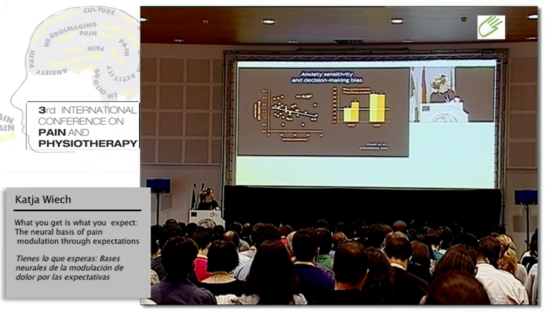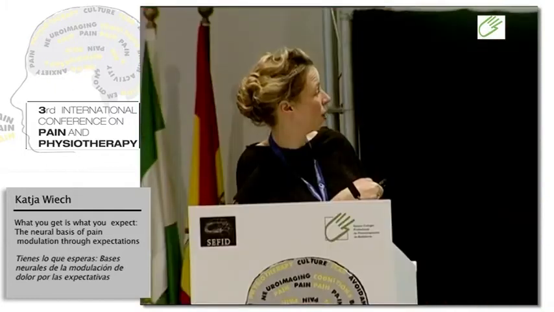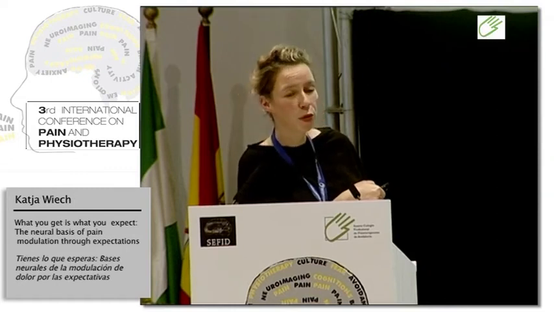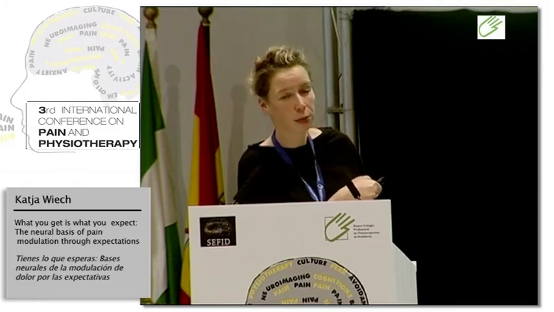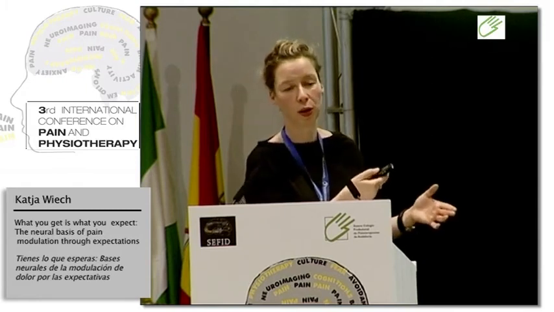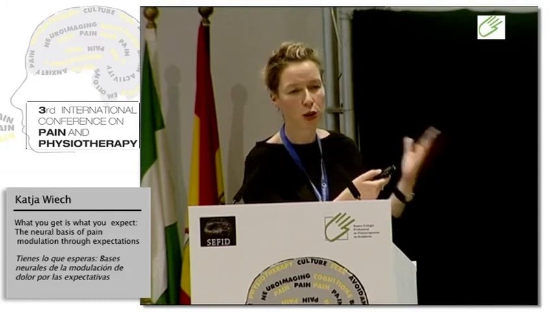So both the high and the low anxiety sensitivity participants moved their prior up from this neutral line up to the boundary where they expect high pain. So that's quite normal. You have the information, it's very likely that you will get high pain, so you do expect it.